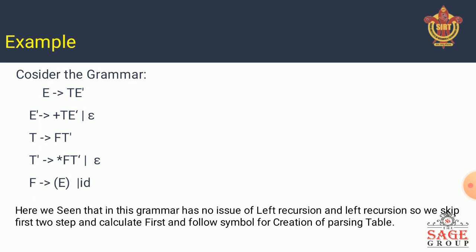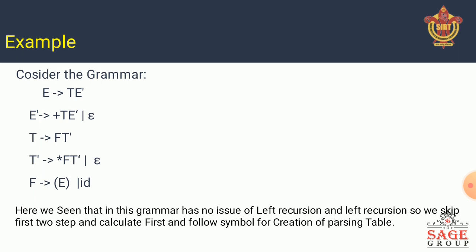Now we take an example to apply all these steps: removal of left recursion, left factoring, and calculating first and follow symbols. Suppose we are given a grammar which has five variables E, E dash, T, T dash and F, and terminals like plus, star, opening bracket, closing bracket, and id.